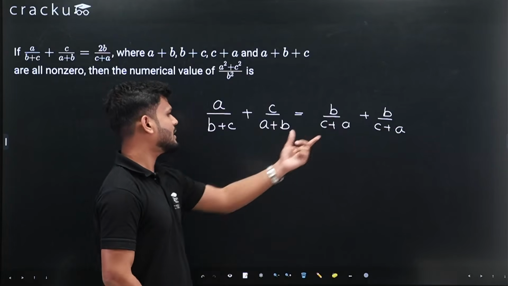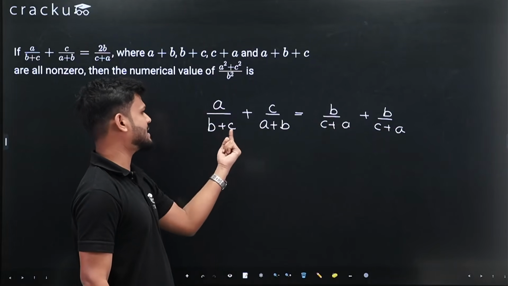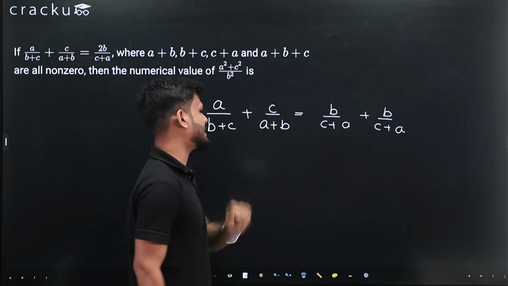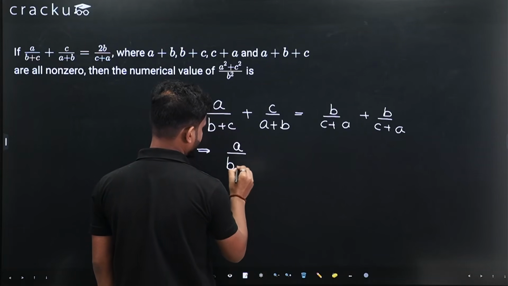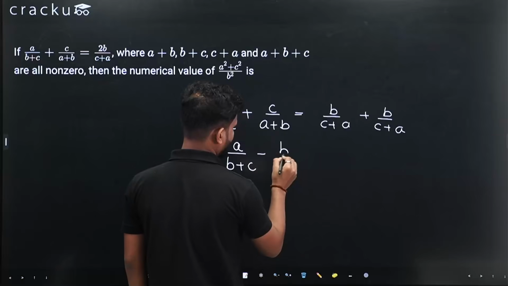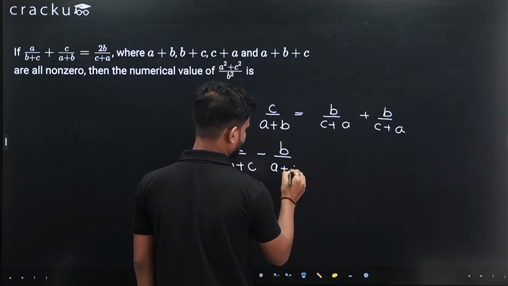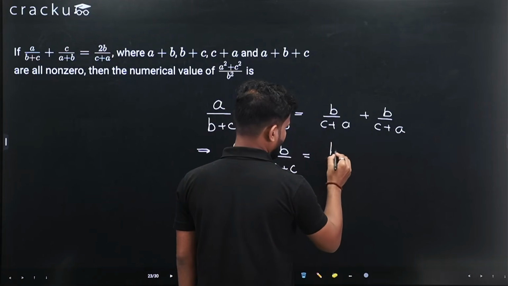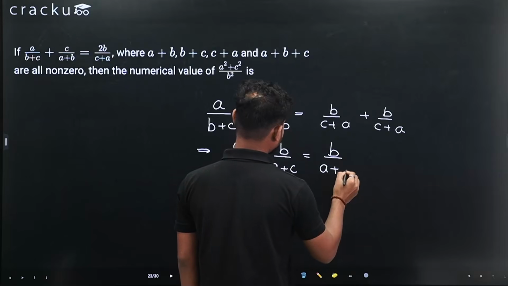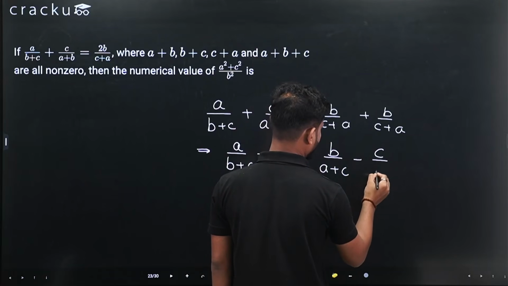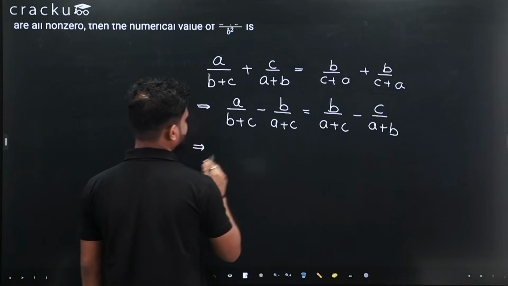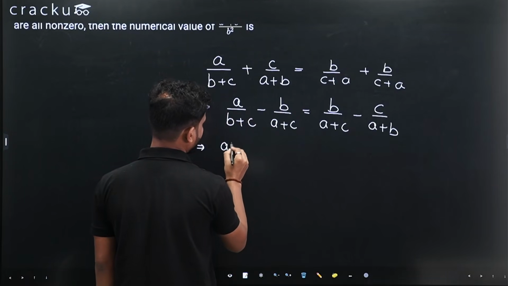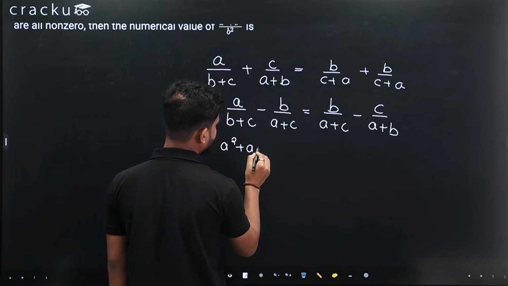Now what will I do? I will take this B upon C plus A on this side and this C upon A plus B on that side. So what will I get? I will get A upon B plus C minus B upon A plus C is equal to B upon A plus C minus C upon A plus B. Now solve this. A into A plus C will be A square plus AC.